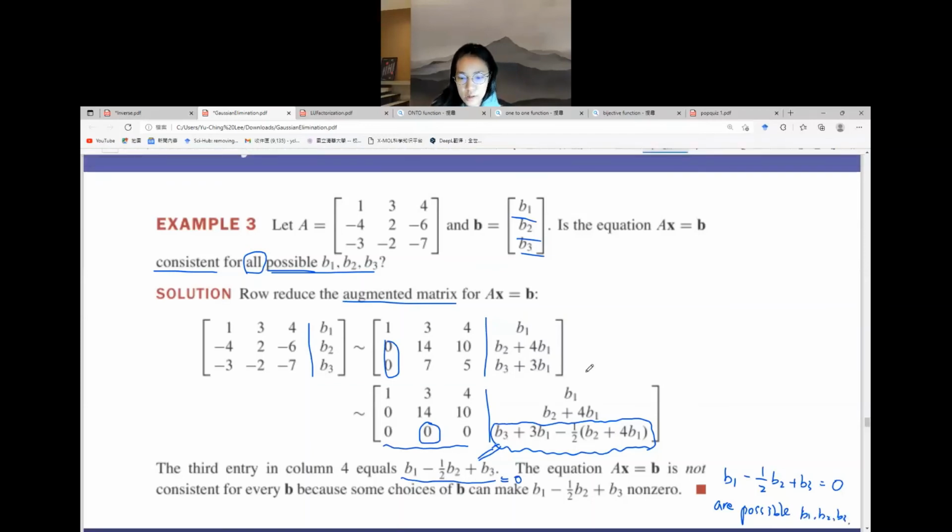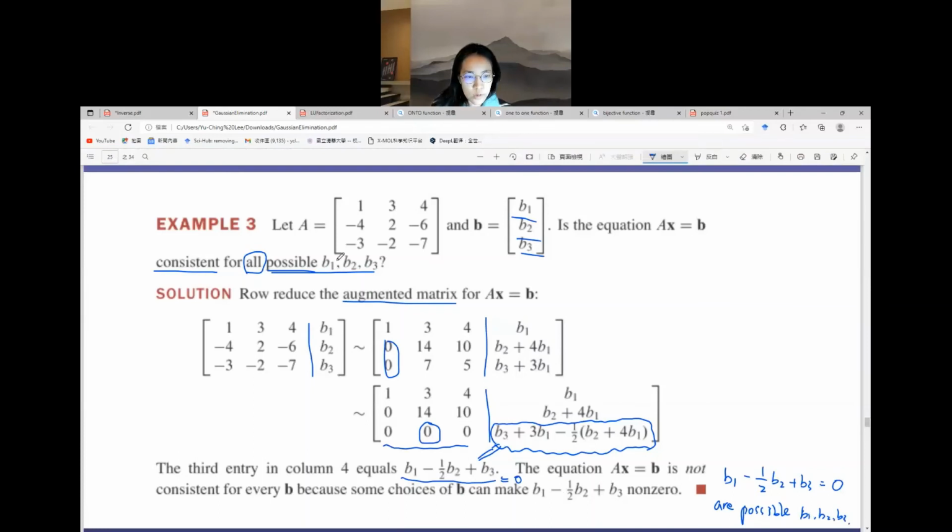So there's indeed some restrictions about the right-hand side, B1, B2, and B3. And there exist other vectors B that make the third entry in column 4 non-zero. And in that situation, there will be no solution.